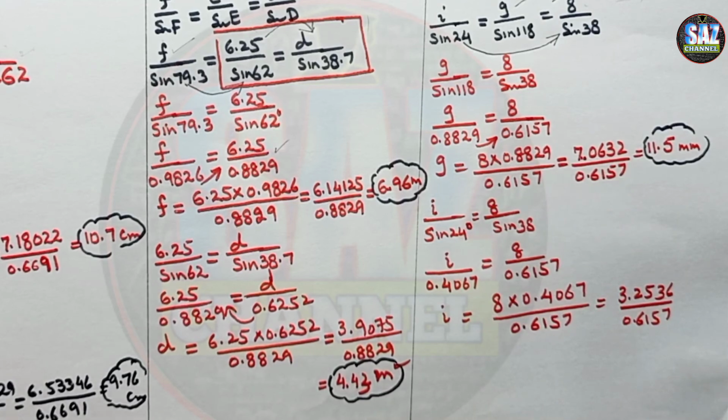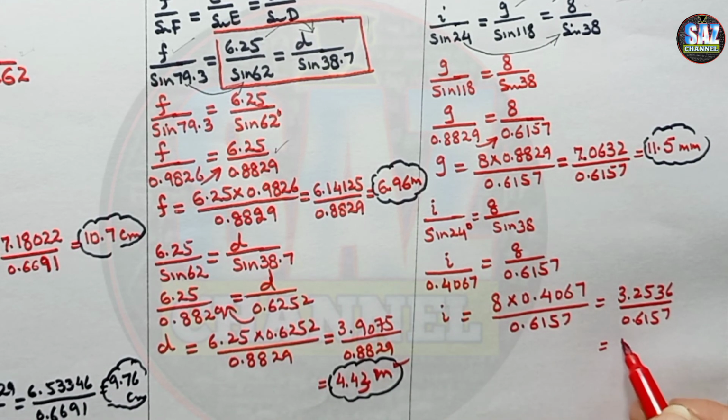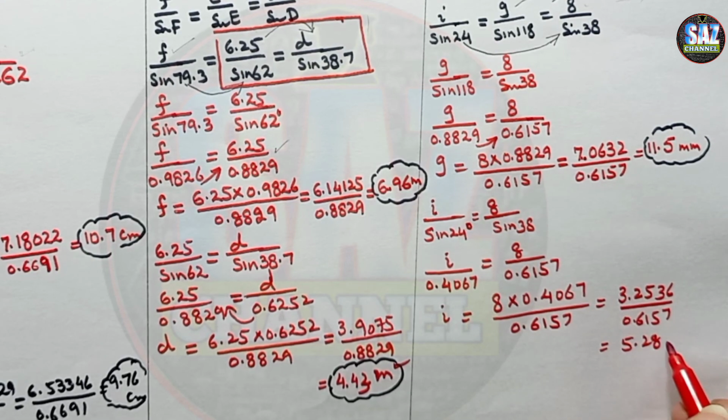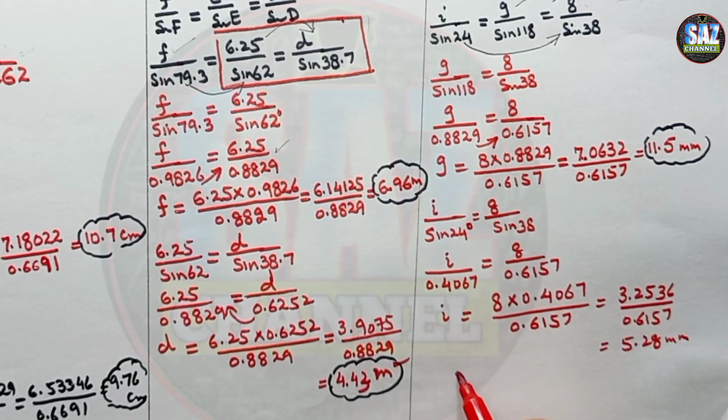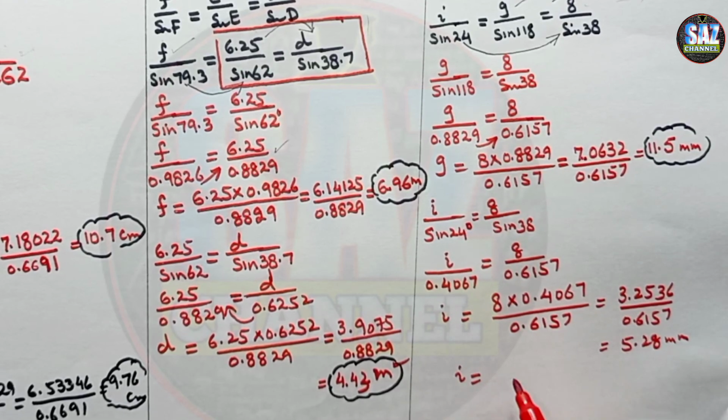Dividing this answer by 0.6157, I get 5.284, so 5.28 mm. So i, the other unknown of the question, is 5.28 mm.